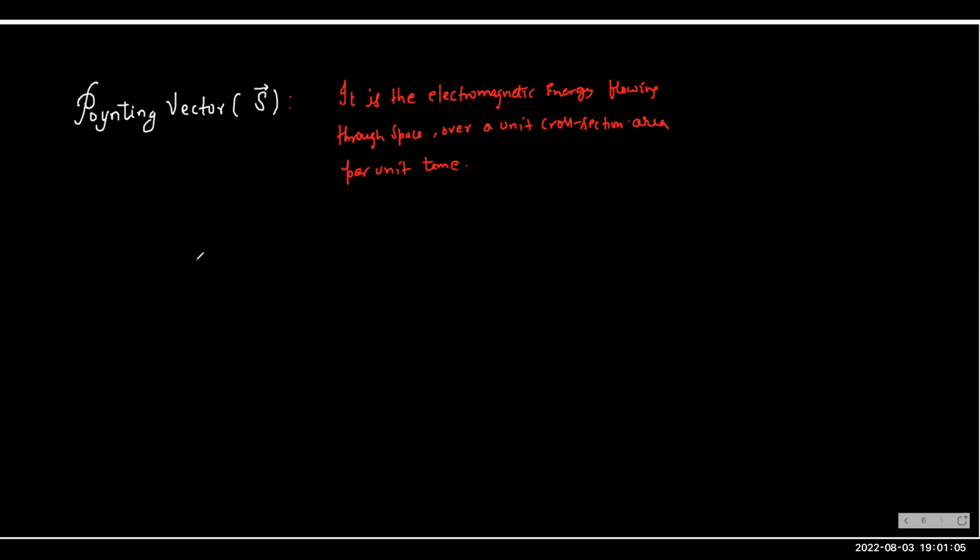Anyway, so the idea of Poynting vector is that, what is electromagnetic wave? So what you call light is basically an electromagnetic wave in which the axis of oscillation of electric field and the magnetic field, these two fields are mutually perpendicular. So the electric field will oscillate like this.